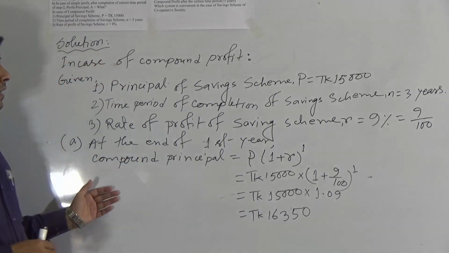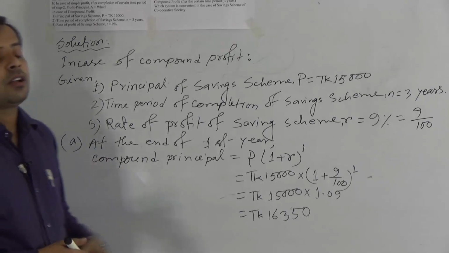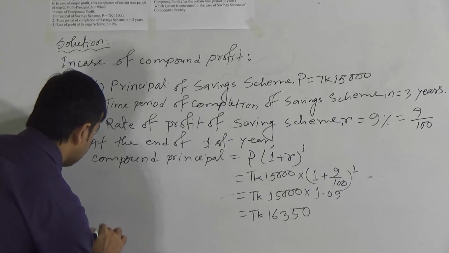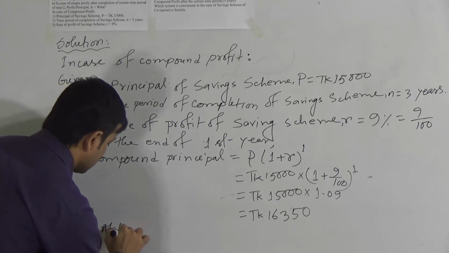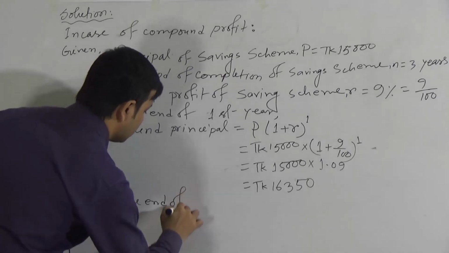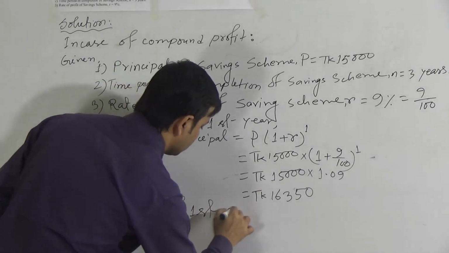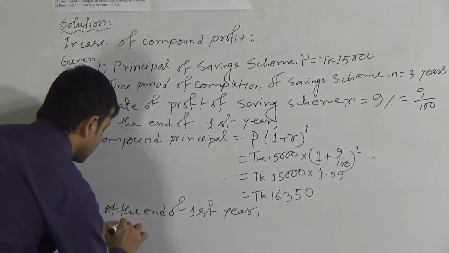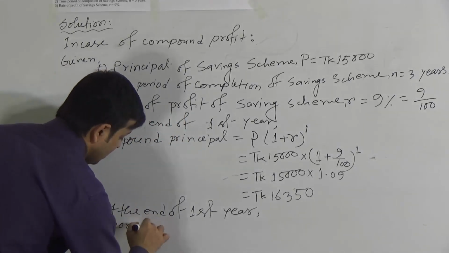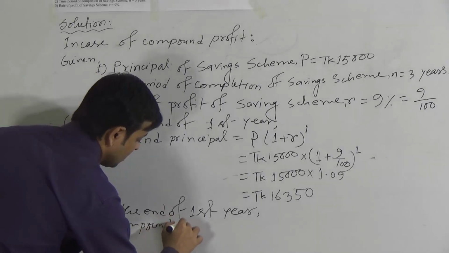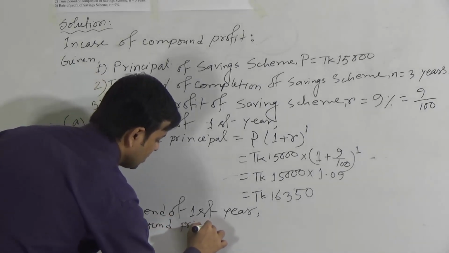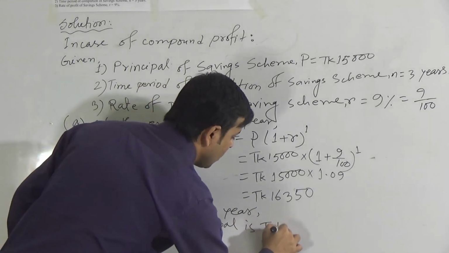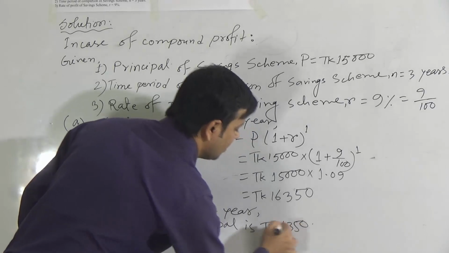So we can write, therefore at the end of first year, compound principal is taka 16,350.